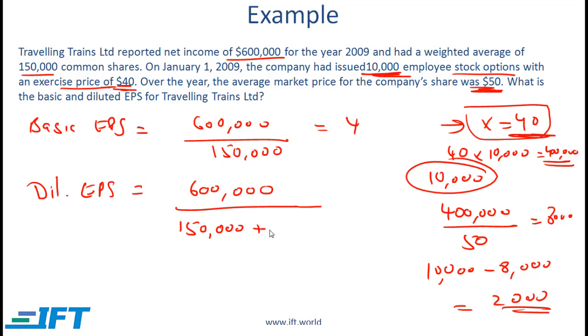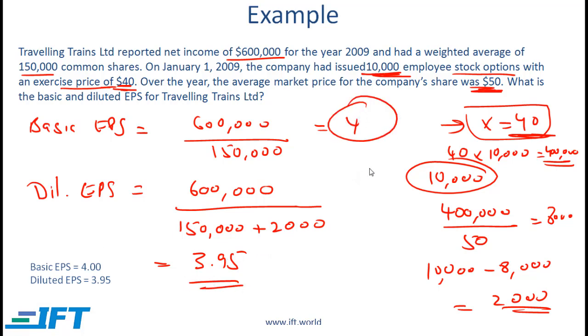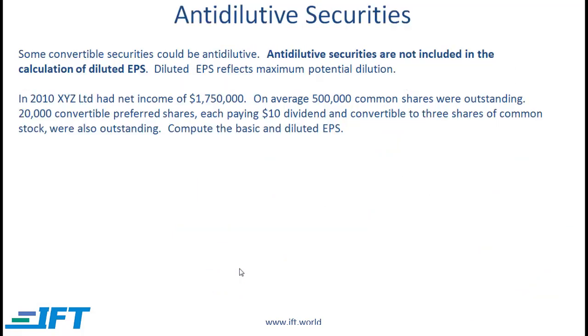That's the net effect. So we add 2,000 over here and we compute the diluted EPS. The answer is 3.95. Here again, notice that there is dilution taking place. The basic EPS was 4 and the diluted EPS is 3.95.